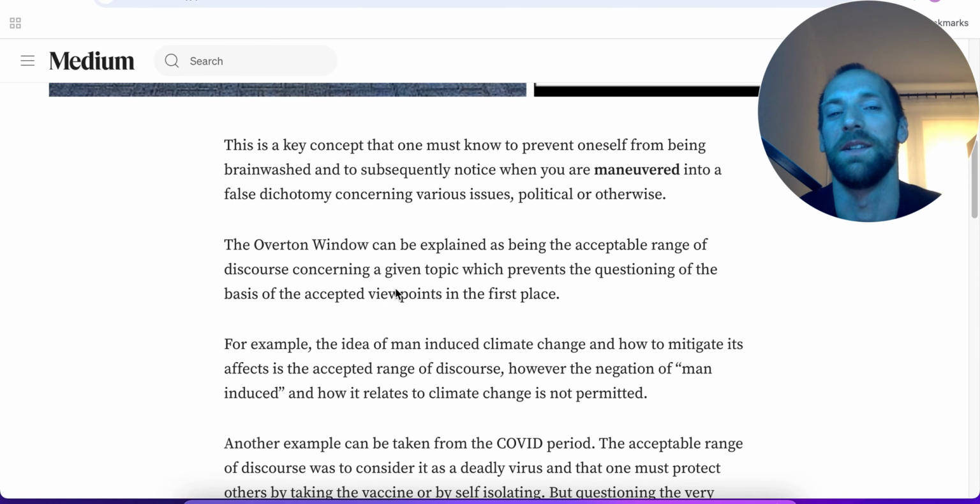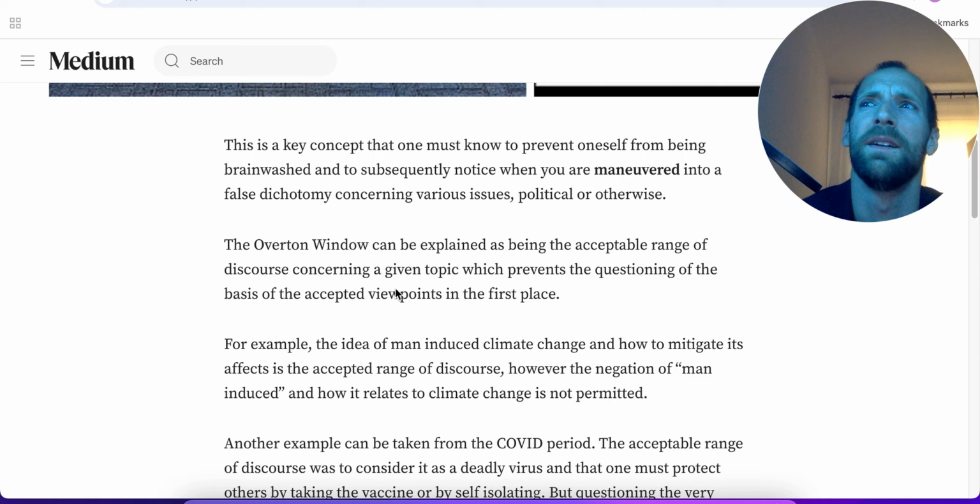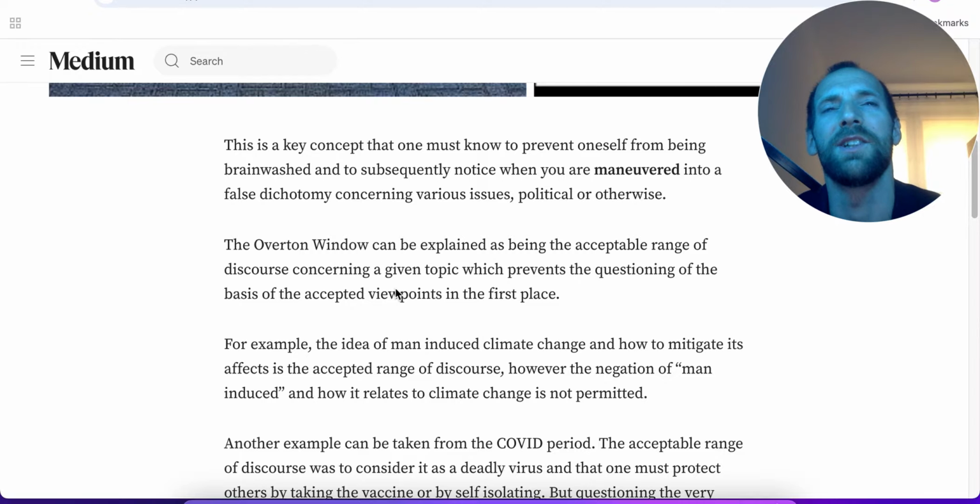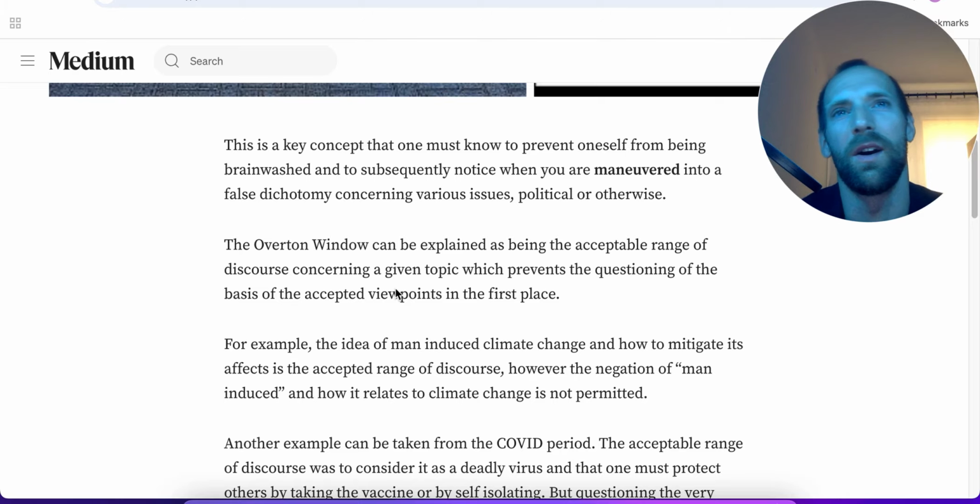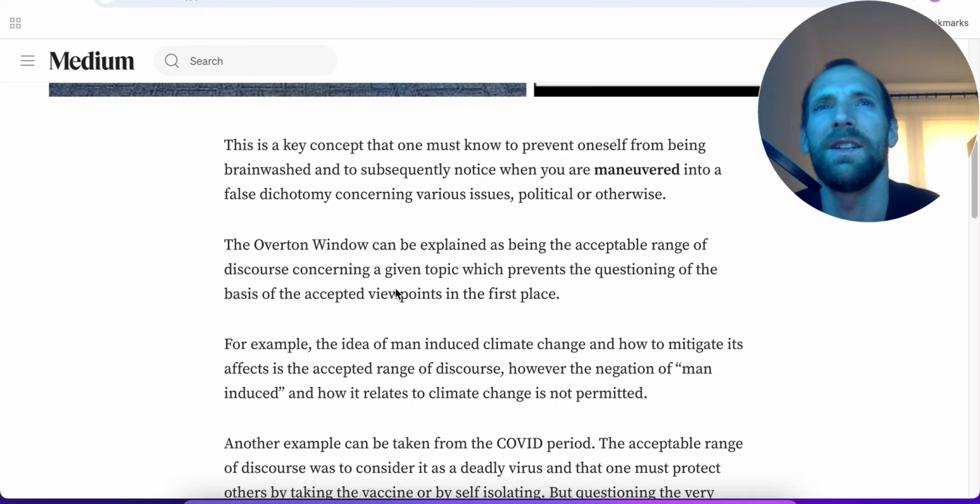Now, obviously, too much skepticism is bad as well, because it leads to a pathological form of conspirological type thinking, which eventually leads to you not being really grounded. Because you need to have a general idea of what's going on, and you need to stand for something.